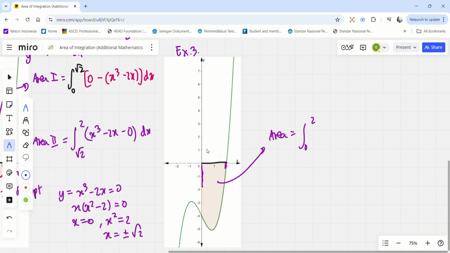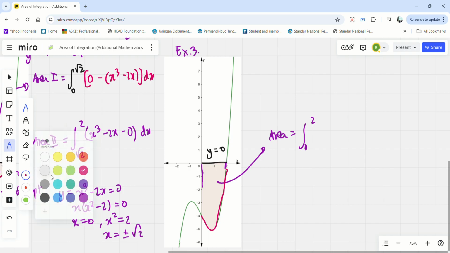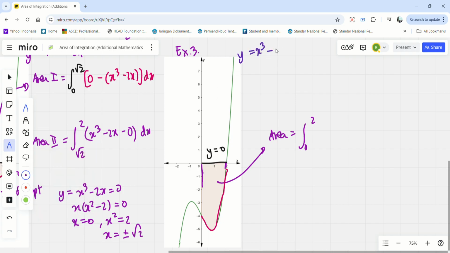The top is, again, the x-axis, and the bottom is the function. In this case, the function is y equals x cubed minus 2x minus 4. So here we have the top, just 0, minus the function. Then it's a matter of calculation.